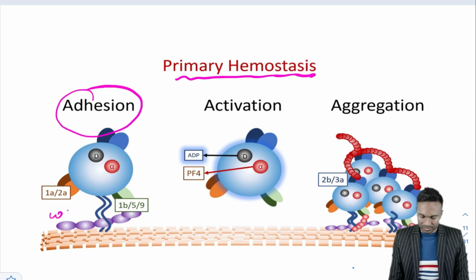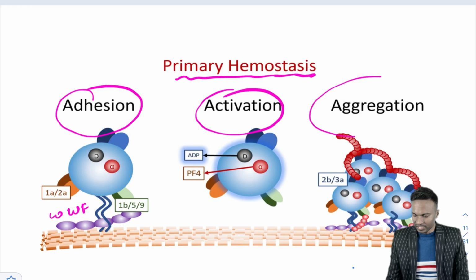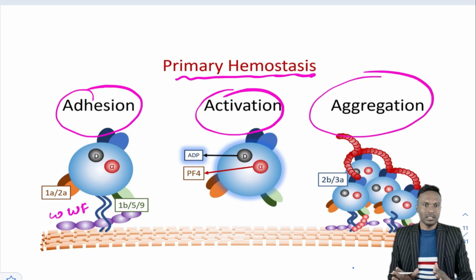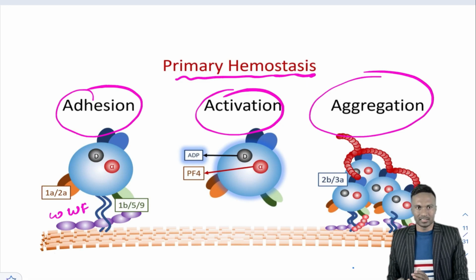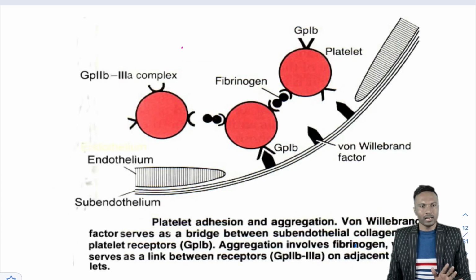Von Willebrand factor. Then platelets get activated by alpha and delta granule contents. Then there is aggregation by glycoprotein 2B3A. So there will be multiple disorders related to adhesion, activation and aggregation. We will cover one by one.